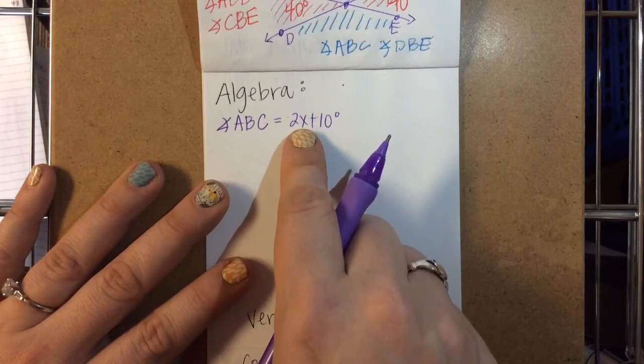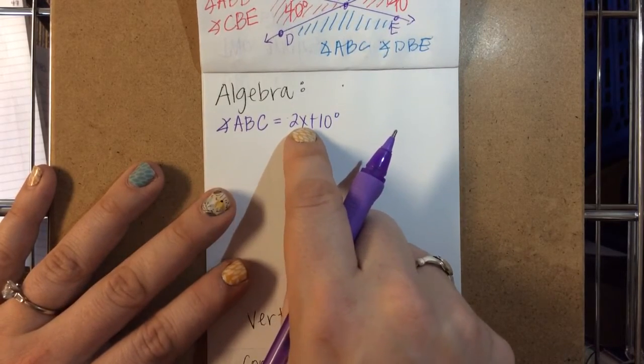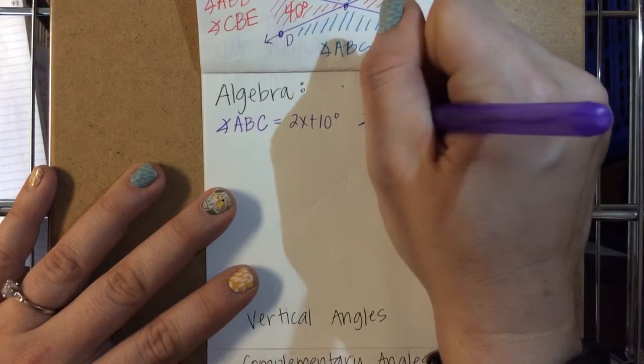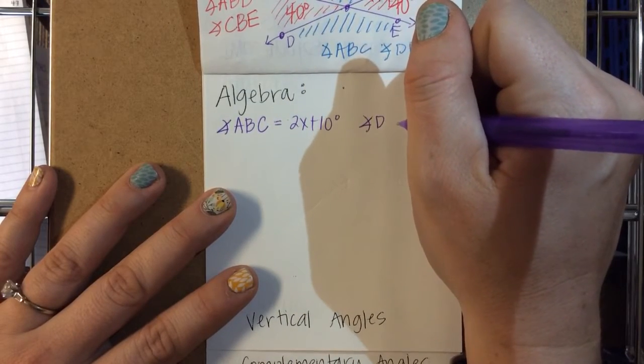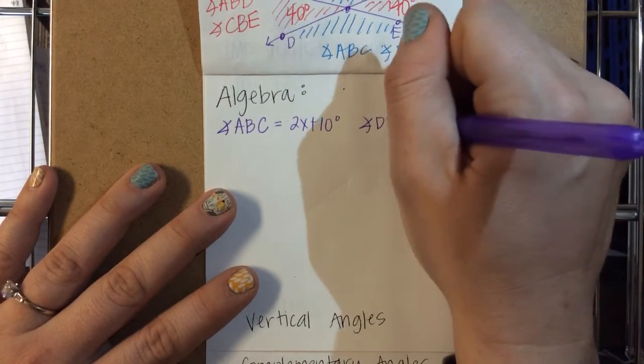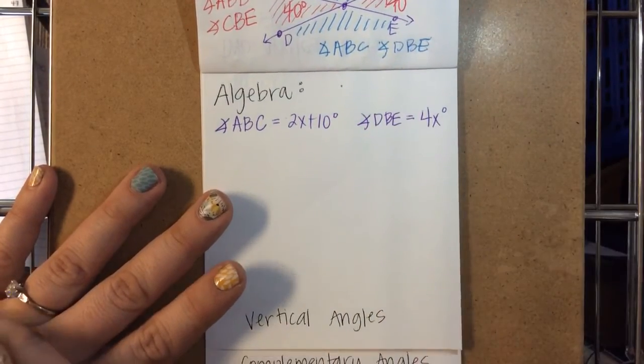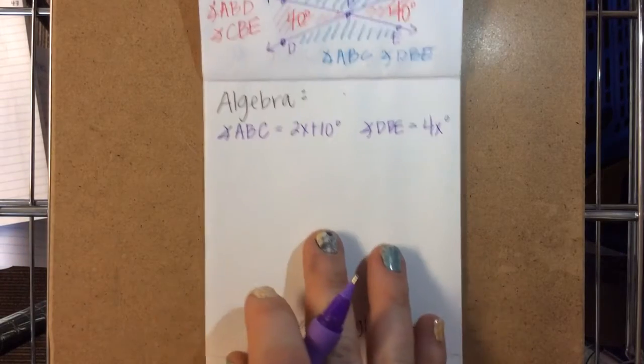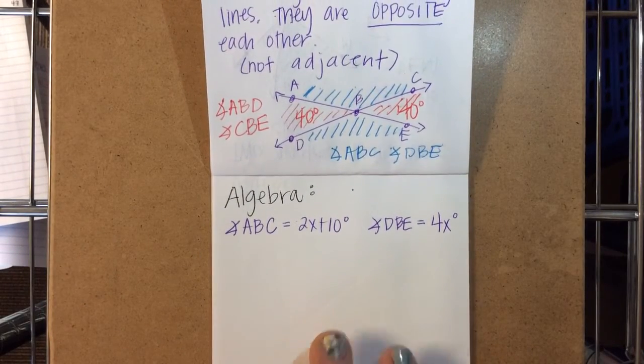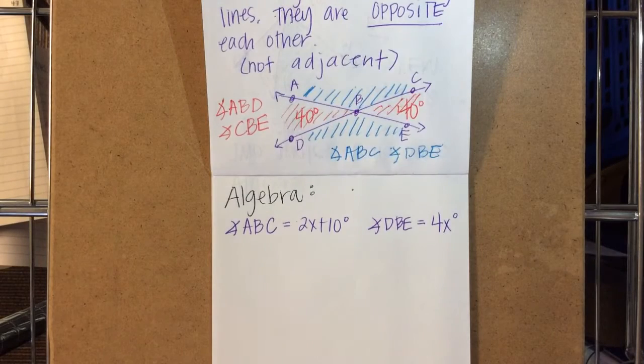Is that algebra? Yeah. And I'm also going to tell you that angle DBE is 4x degrees. ABC is 2x plus 10. And DBE is 4x.